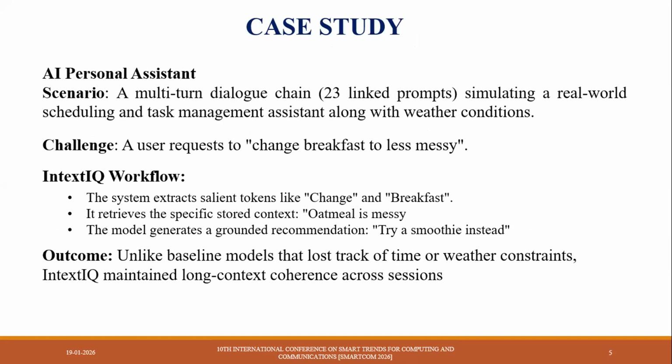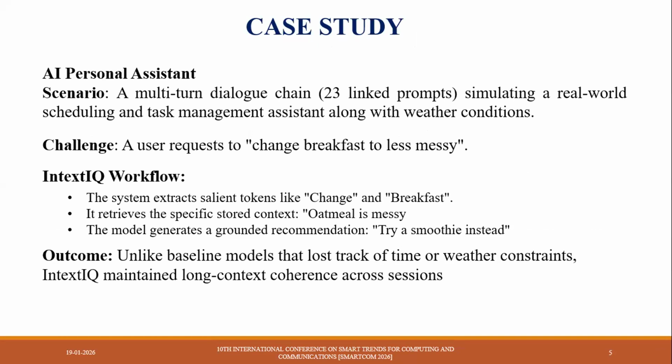To demonstrate the effectiveness of Index IQ, we have conducted a real-world case study using an AI personal assistant scenario. This experiment involves a 23-turn multi-session dialogue covering scheduling, task management, and weather-based decisions. During interaction, the user requests to change breakfast to something less messy.